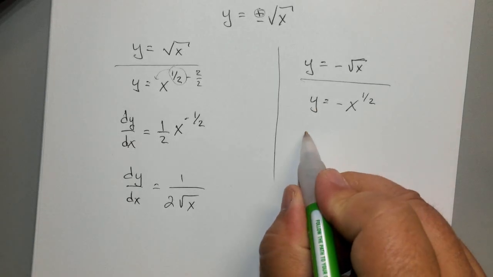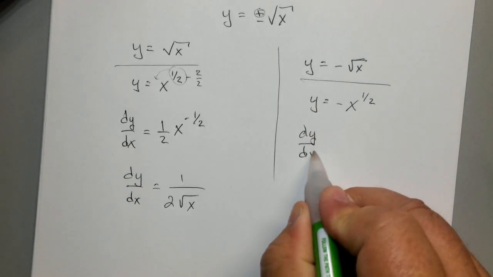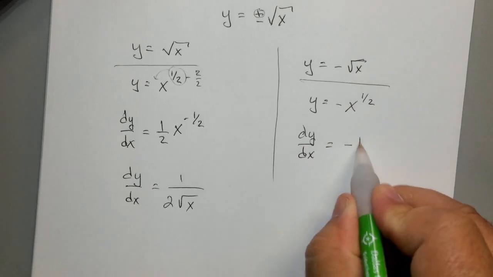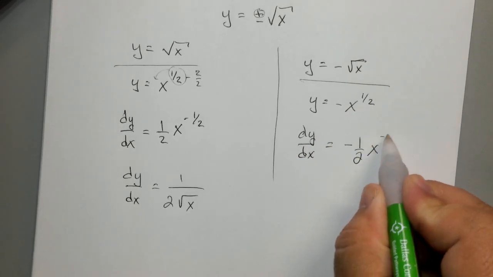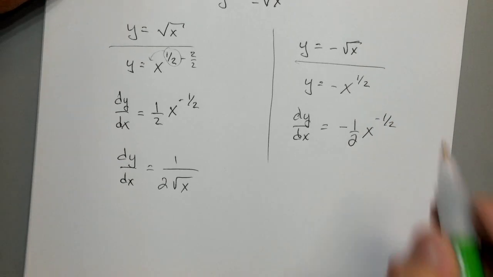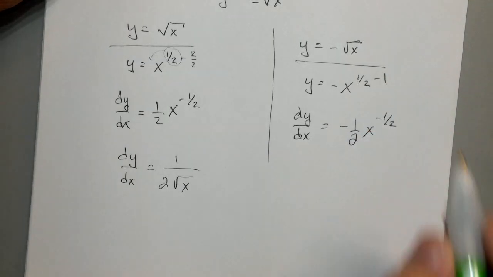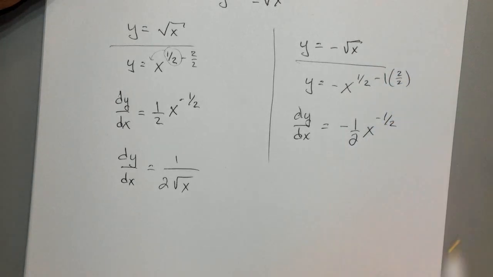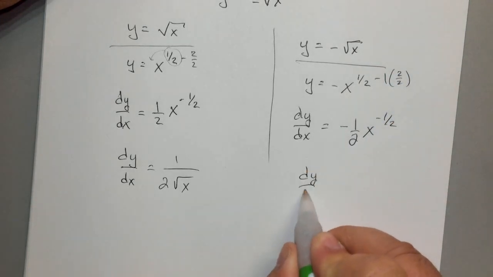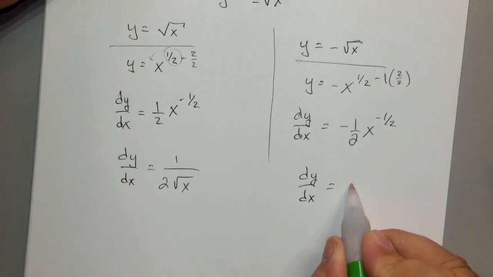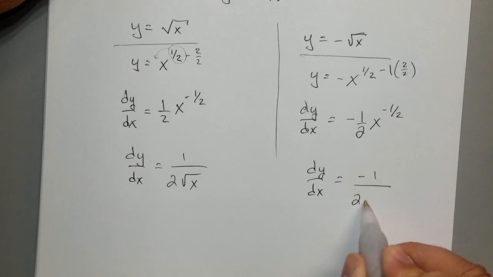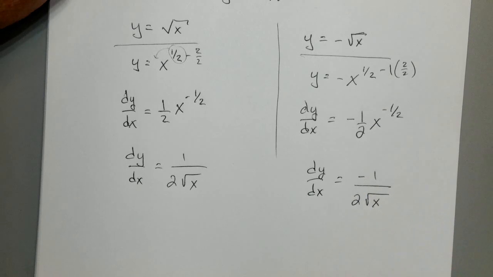We do the same thing to the other side. dy dx. And the exponent, subtract 1, which is 2 over 2. So far, so good?